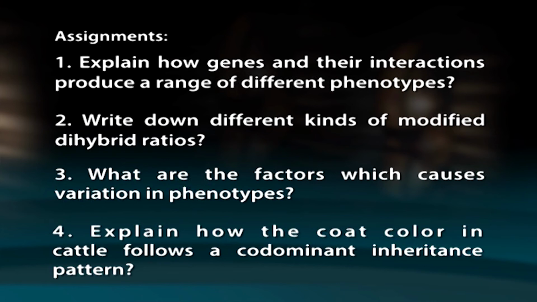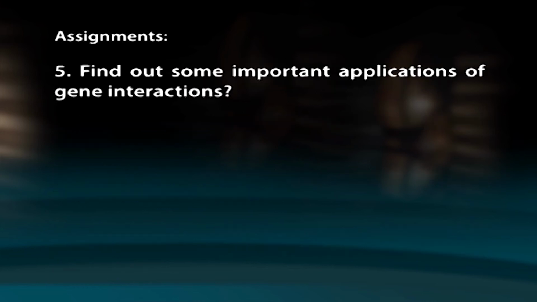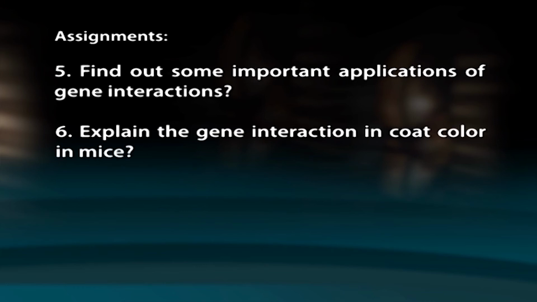A fourth one would be explain how the coat color in cattle follows a codominant inheritance pattern. The fifth one is find out some important applications of gene interactions. And the last assignment would be explain the gene interaction in coat color in mice.